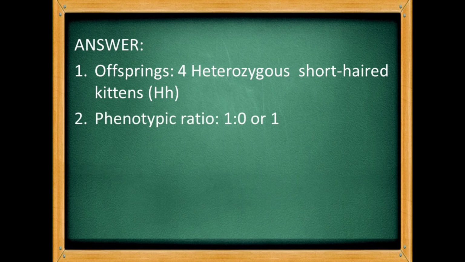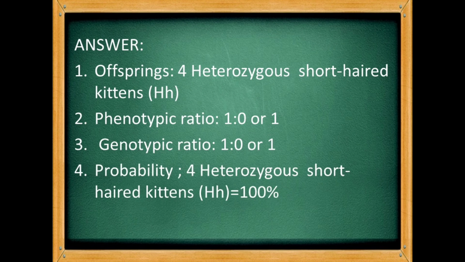The phenotypic ratio is 1 is to 0 or 1. 3. The genotypic ratio is also 1 is to 0 or 1. 4. The probability of the occurrence of traits in their offsprings, we have 4 heterozygous short-haired kittens, that is 100%.